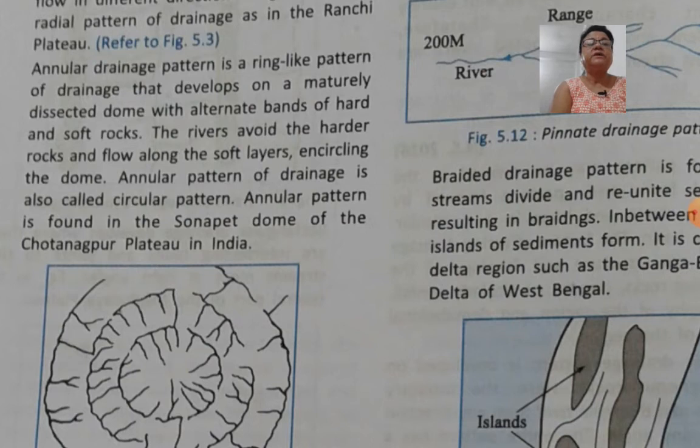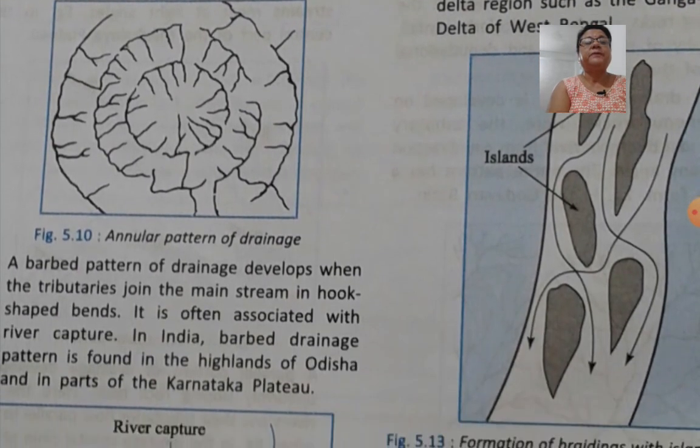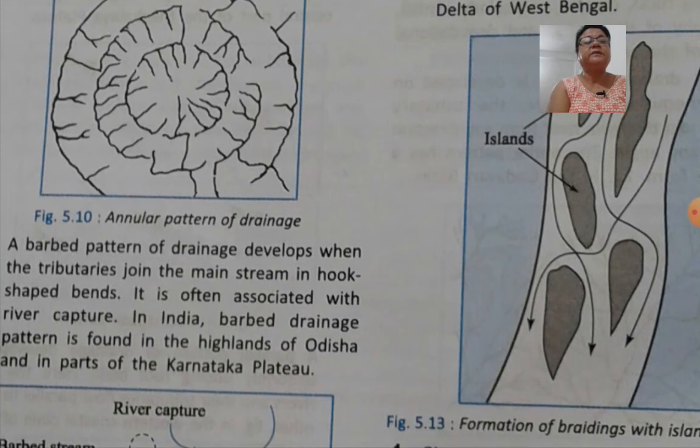The rivers avoid the harder rocks and flow along the soft layers encircling the dome. The annular pattern is also called circular pattern. It is found in the Chotanagpur Plateau in India. From the map of the annular pattern, you can see the drainage around the hill in the middle.